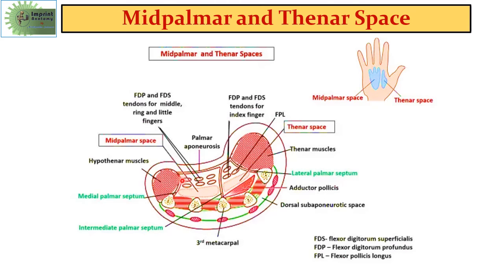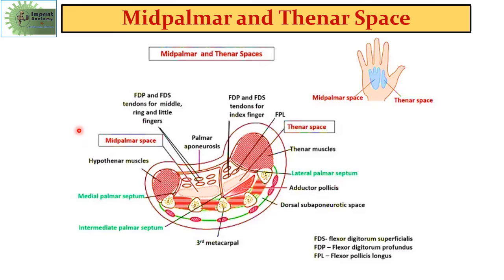Medially, it is bounded by the medial palmar septum, and laterally it is bounded by the intermediate palmar septum. Proximally, it extends to the distal margin of the flexor retinaculum, and distally, that means towards the digits, at the level of the distal palmar crest.